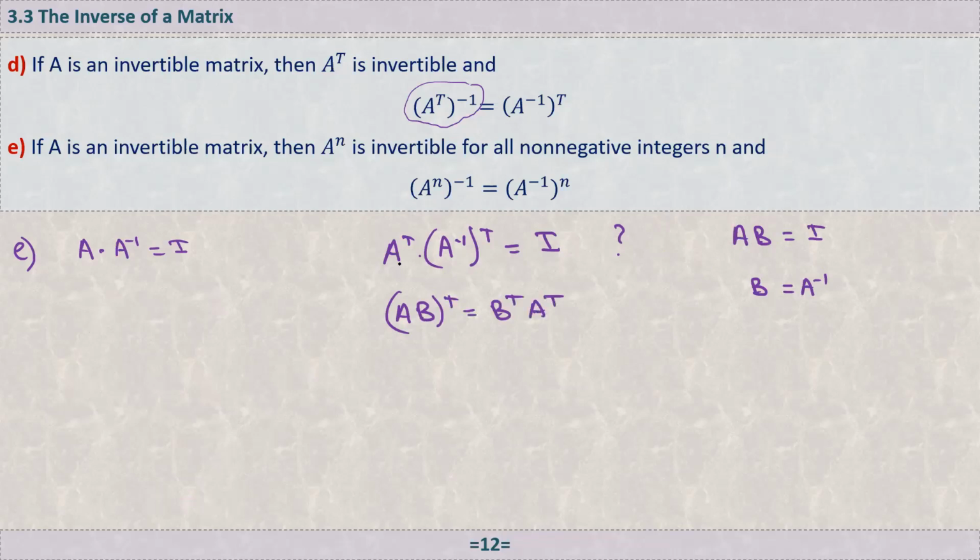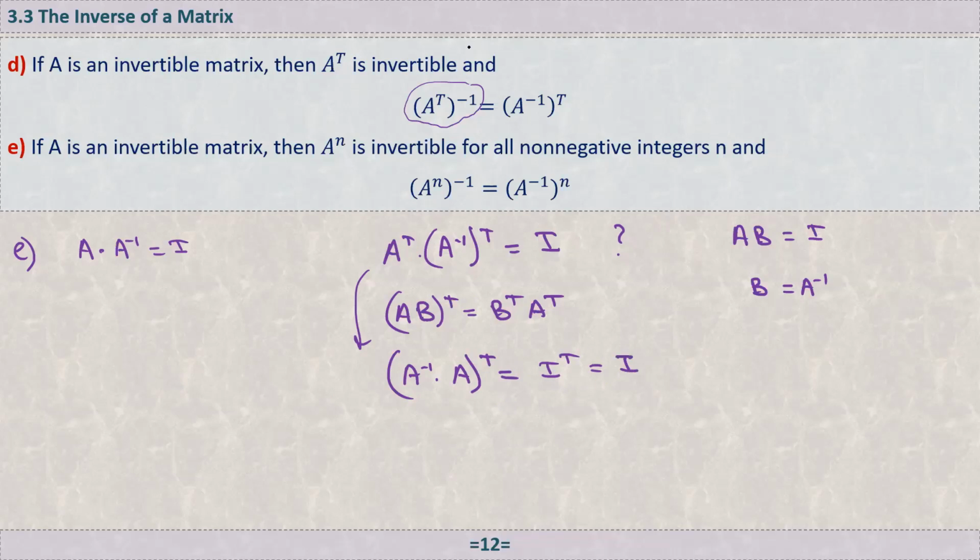So here we have A transpose times A inverse transpose, and I can write it as A inverse times A, with the first matrix being this and the second one this, all transposed. That's equal to A inverse A transposed, which is I transpose, and that is just our identity matrix, equal to I.